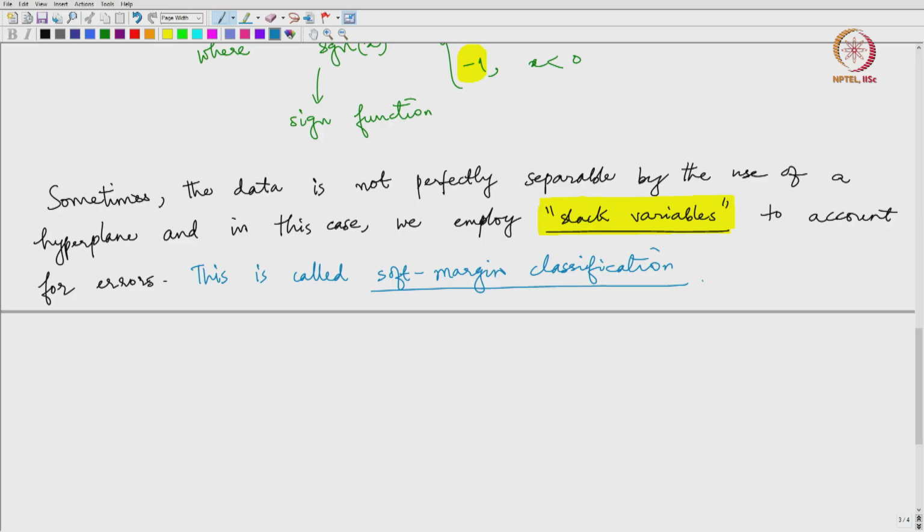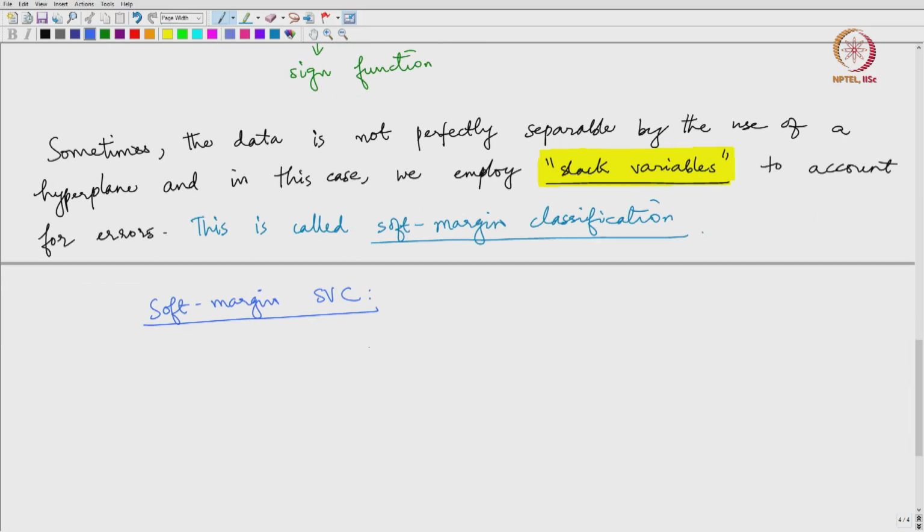It is very similar, you just allow for this error to be made, and we are going to write how this is done. So, this is the soft margin support vector classifier, and here you are finding not only the weights and the biases, but also these slack variables, right, which allow you to make errors.